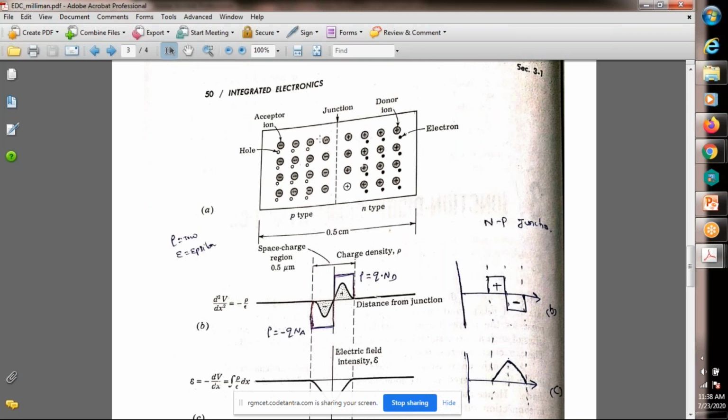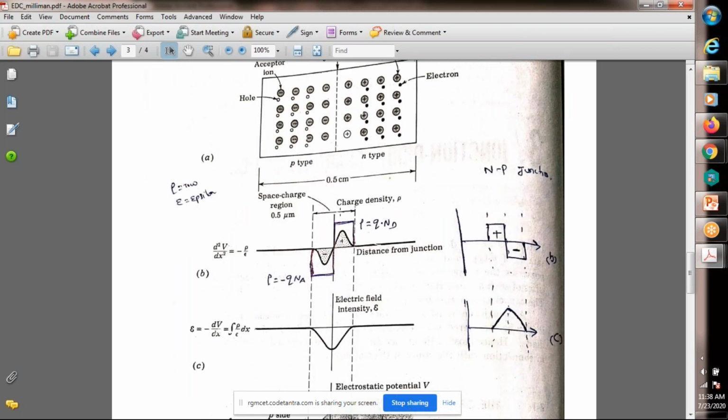Here is the P type with holes, here it is the N type, where the majority carriers are electrons. If an electron jumps to the other side, it will create a positive ion. Similarly, here it will create a negative ion.